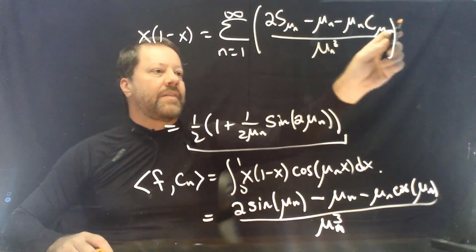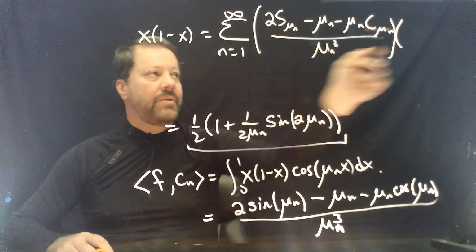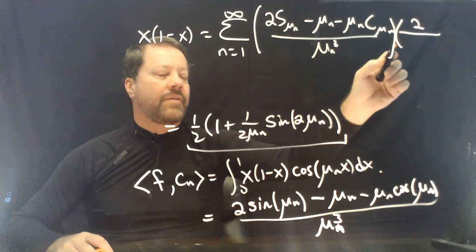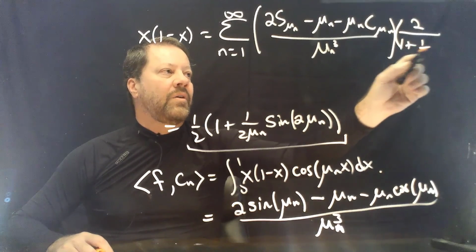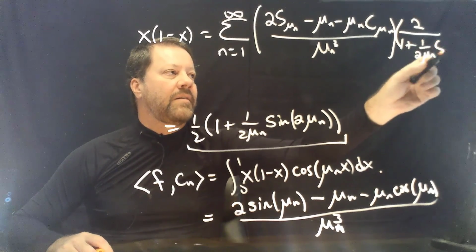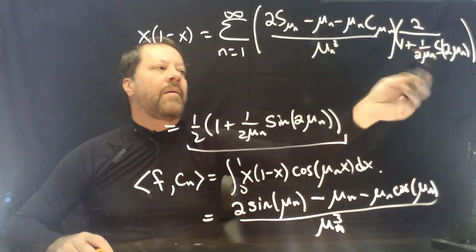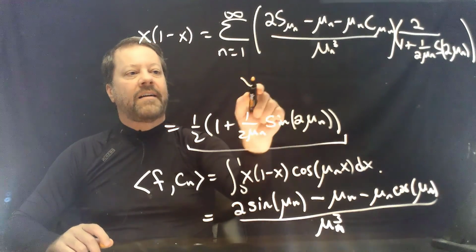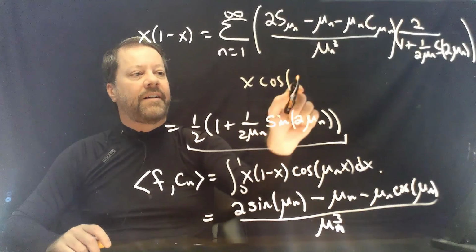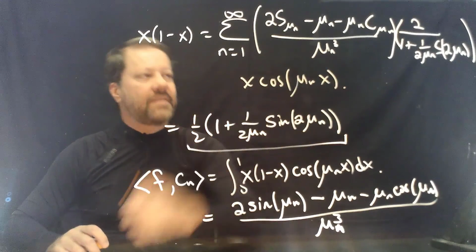That gives us a 2 over 1 plus 1 over 2 mu n sine of 2 mu n. We'll use a double angle identity there. All of that times the cosine of mu n x.